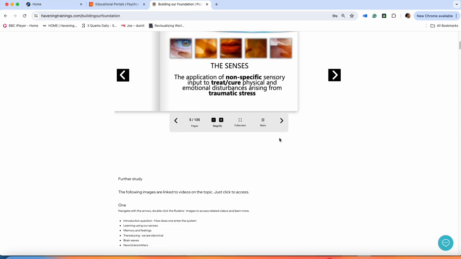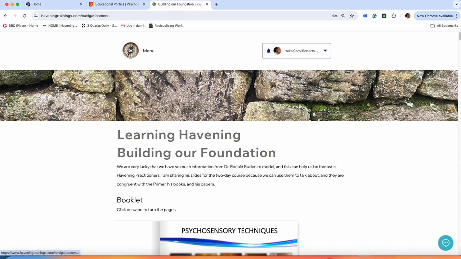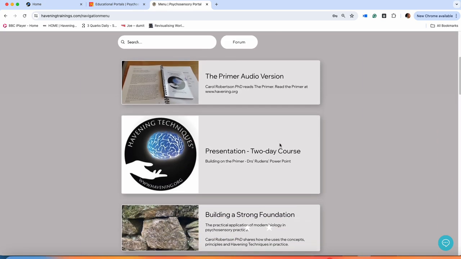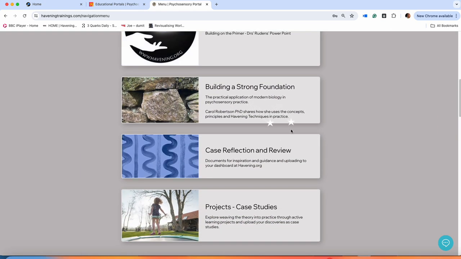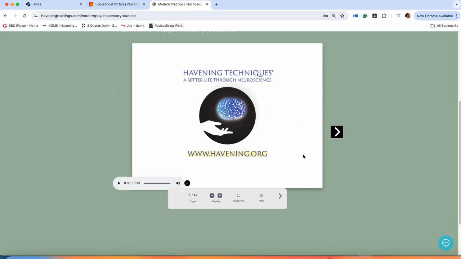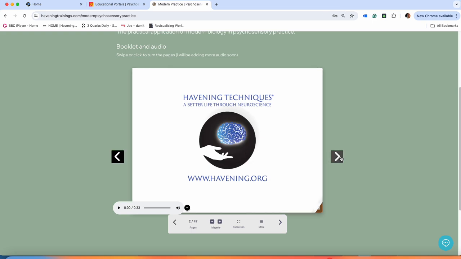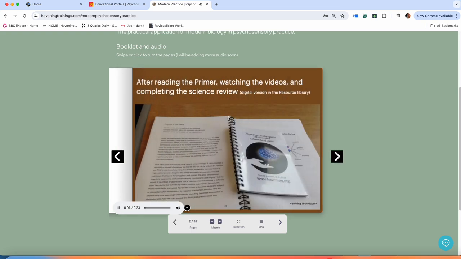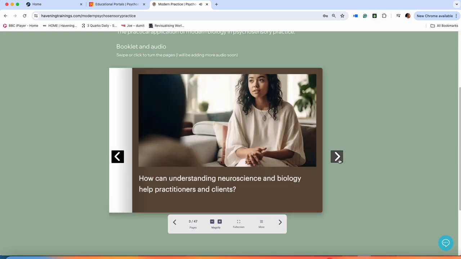So again, let's go out. And then this one I've just started talking really about, and I'll probably add to it, building a strong foundation. What's it like in practice? Talking about reading the primer. I'm busy talking. It's about weaving the science into the practice.